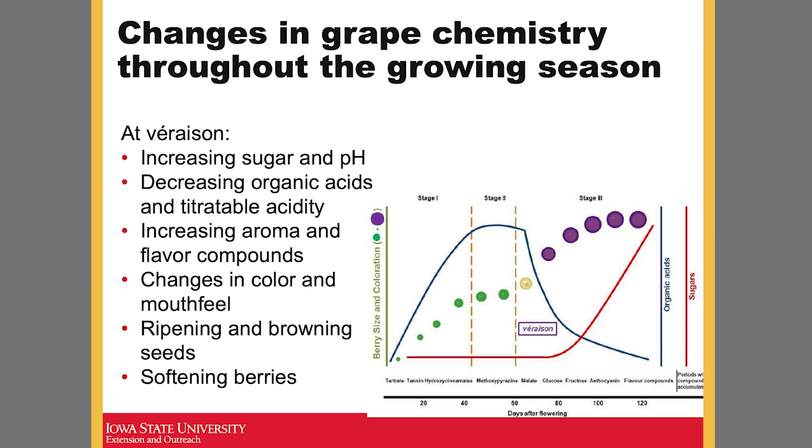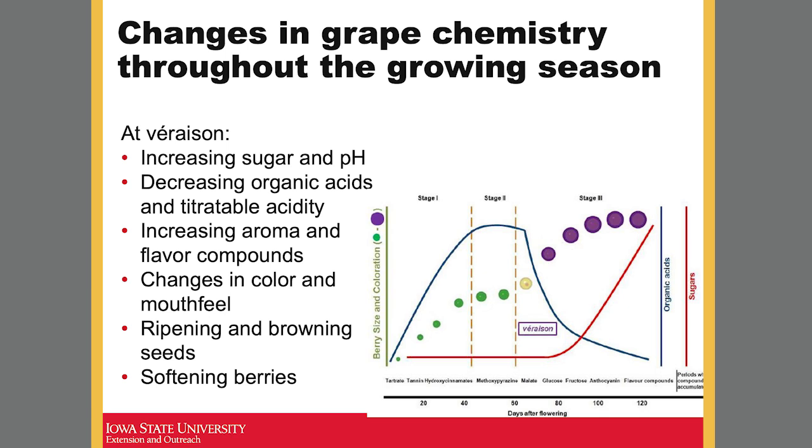So during the first stage and the second stage of berry development, the size of the berries increases slightly, but they are still pretty green, pretty hard, until they reach the point of veraison. Veraison is a step in the berry development and ripening where everything is gonna change. That's when the berries start to become softer.